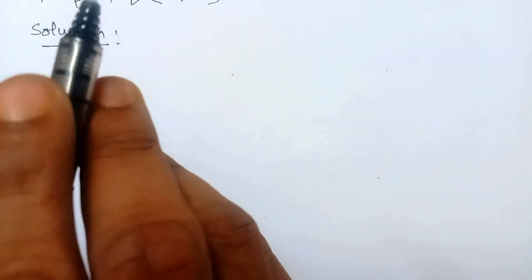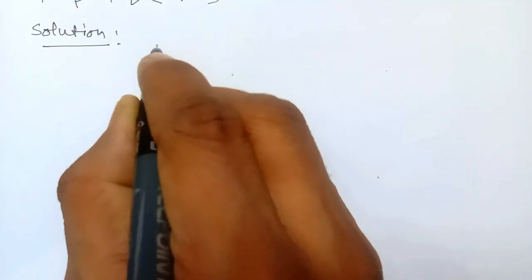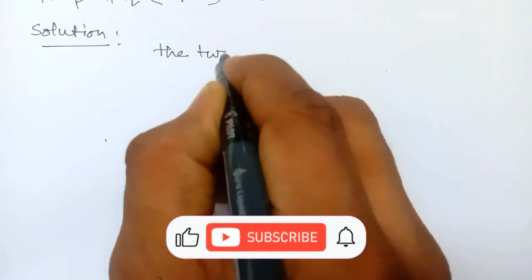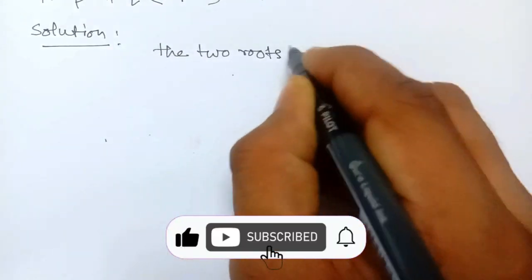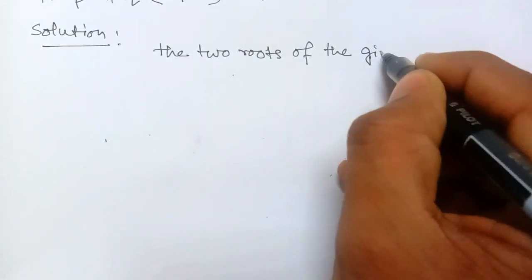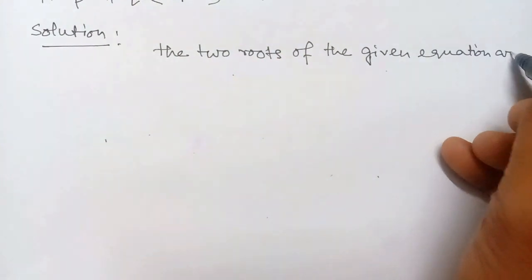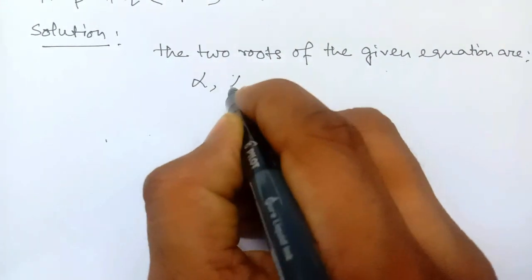What is given in our question? The condition is that one root is the square of the other root of the equation. So let us consider that the two roots of the given equation are alpha and alpha square.